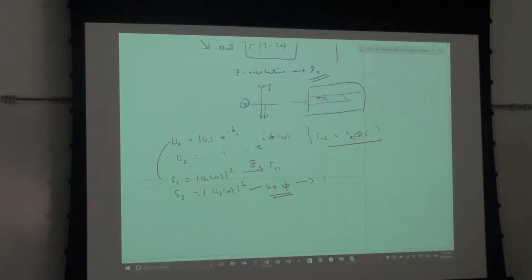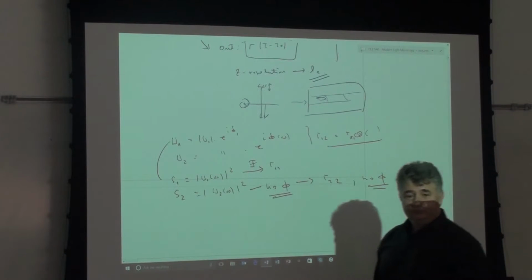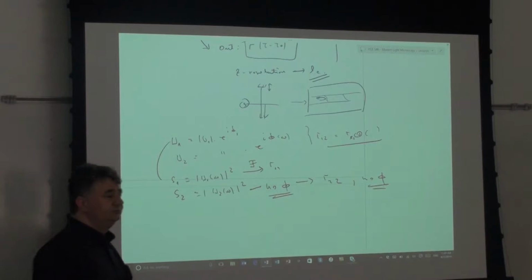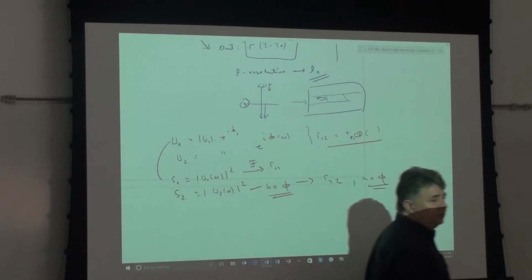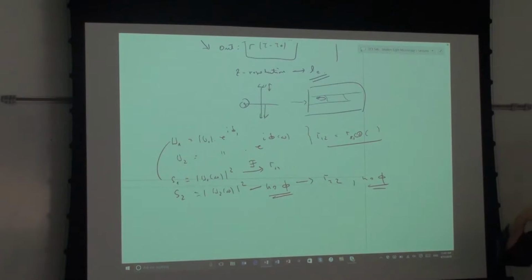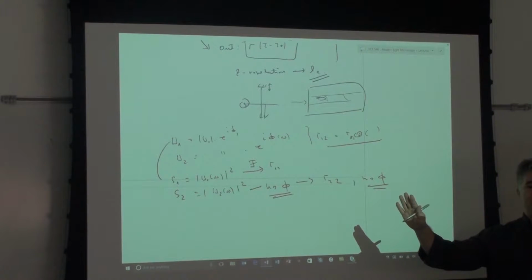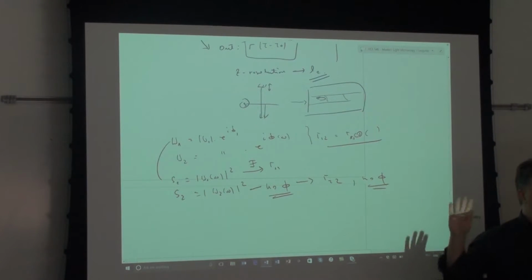Fourier transform of this will be gamma 2, 2. No effect of phi at all. Meaning that it's only the unbalanced dispersion that matters for me. It doesn't matter that each beam has its own kilometer of fiber. Nobody cares, as long as it's identical.